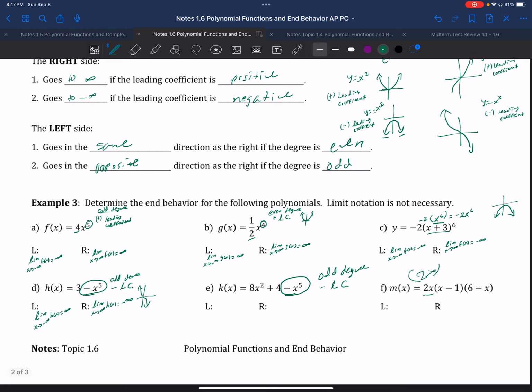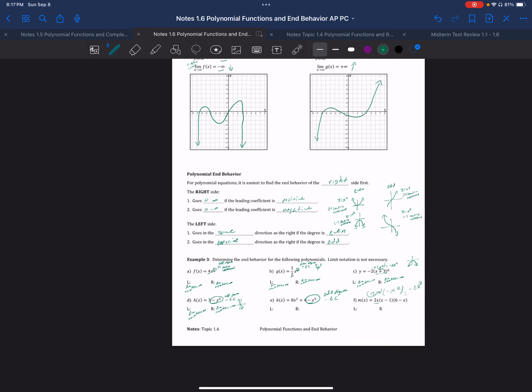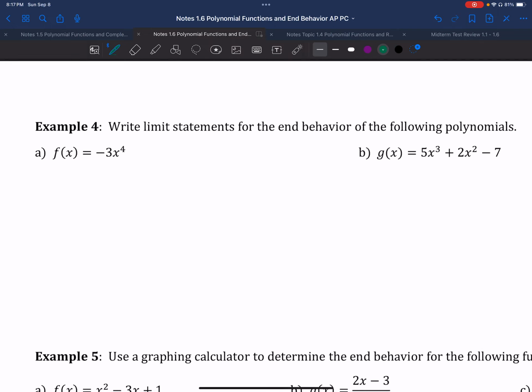And then when I multiply these two, it'll give me a negative x squared. So I'm looking at my leading term to be negative 2x cubed. So again, that will have the same answers as D and E once you write your limits. Don't forget to change the name of your function from h of x to m of x in that case. You can write your limit statements the same thing.